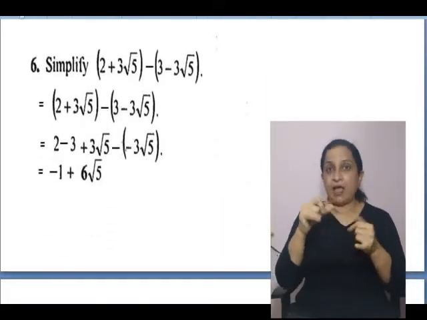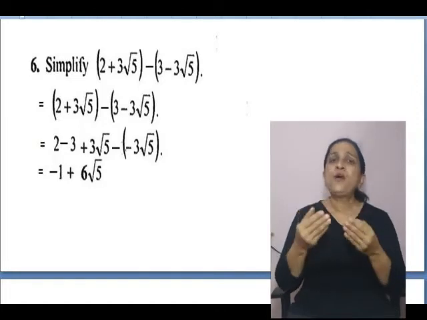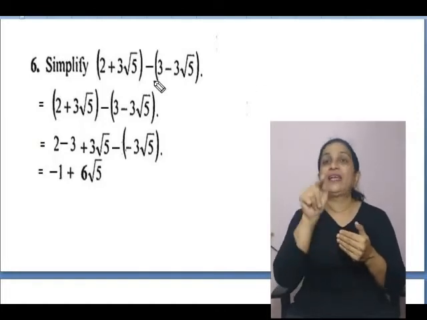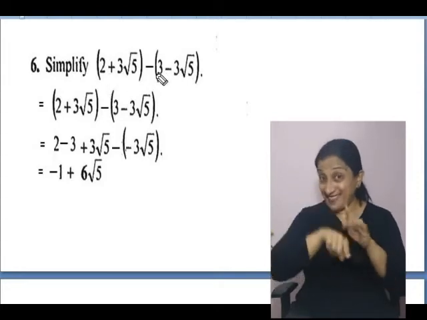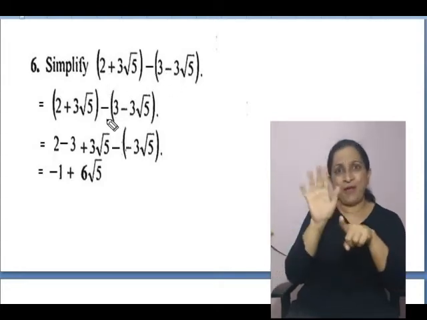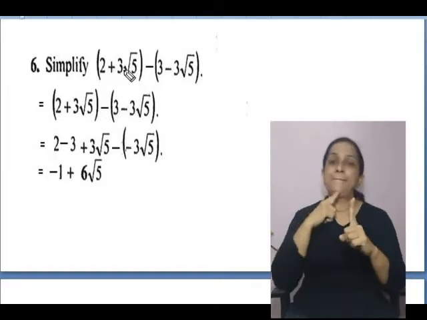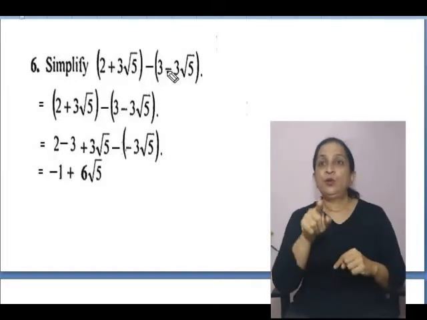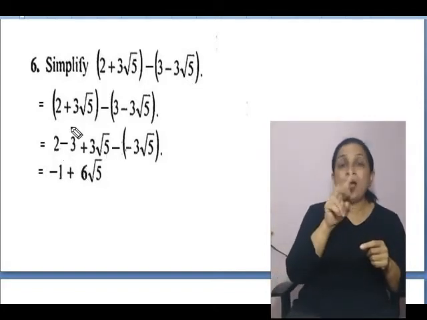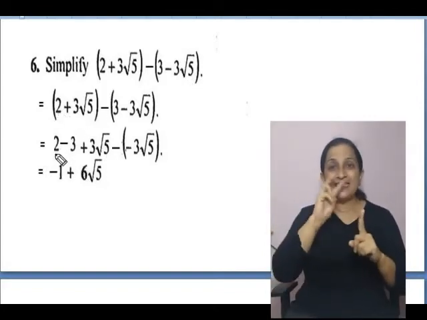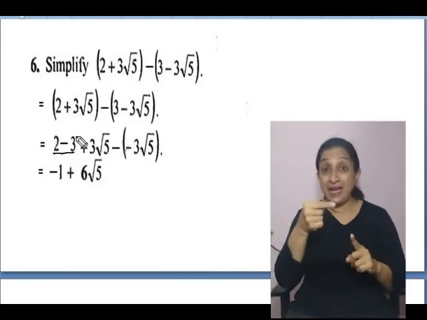Next, this is a simplification problem. Here it is plus and minus. It is 2 plus root 5 minus, and the bracket is put. So 2 plus 3 root 5 minus 3 minus 3 root 5. When you open the bracket, it will be 2 minus 3 here. Numbers subtracted.